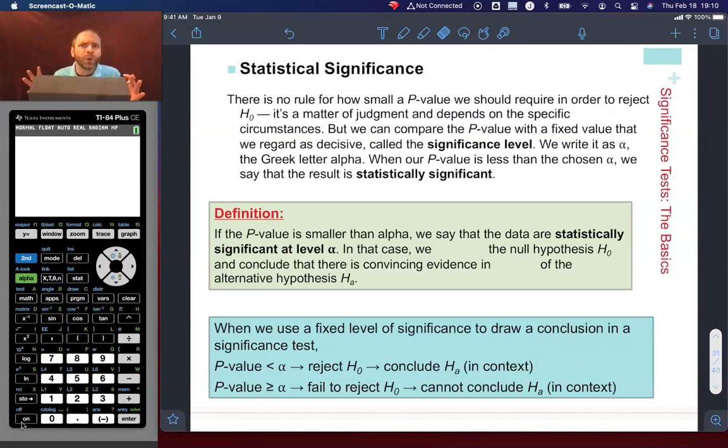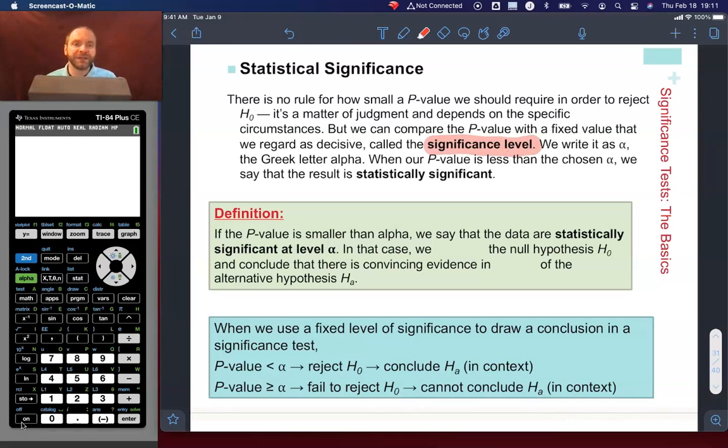Well, how do you know if the p-value is too small? What's the rule that we use for it? Now, there is no real rule for how small a p-value should be to require rejecting the null hypothesis. It's a matter of judgment in some situations. But we can compare the p-value with a fixed value that we regard as being decisive, which allows us to make a decision, and that is called the significance level.